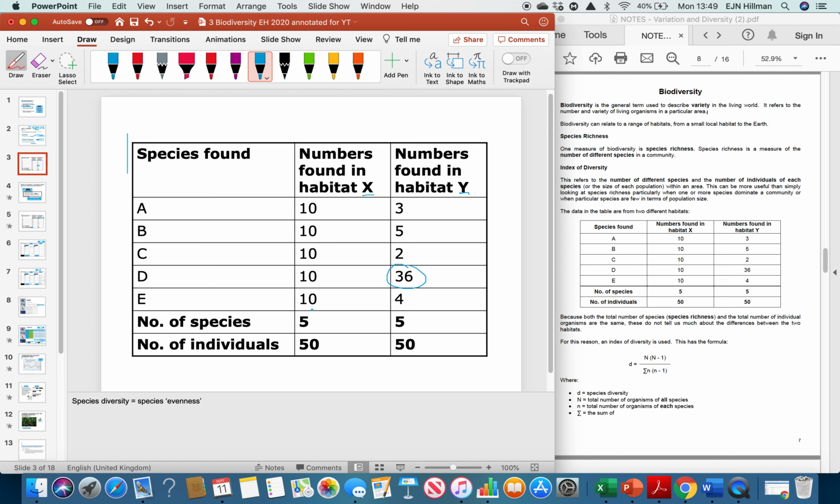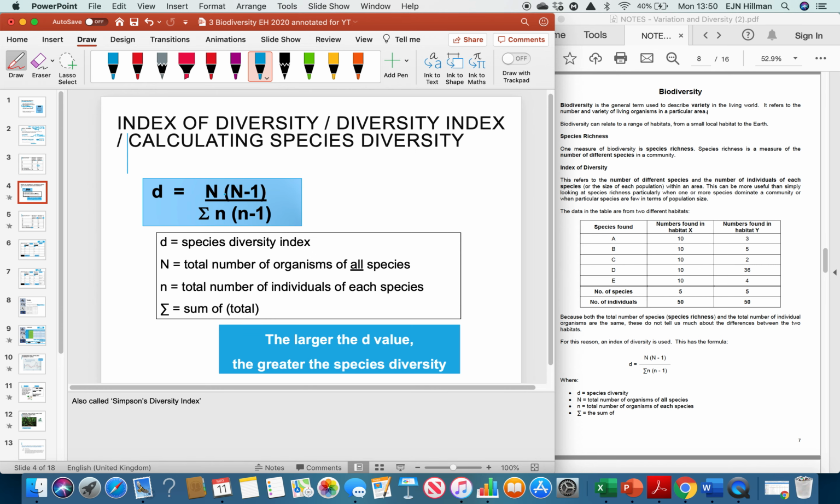So if we were to consider the richness, well, they would be the same. But we can use the index of diversity to give a measure of the richness combined with the number of each individual species, the population. So how do we do that then? We need to use this formula.